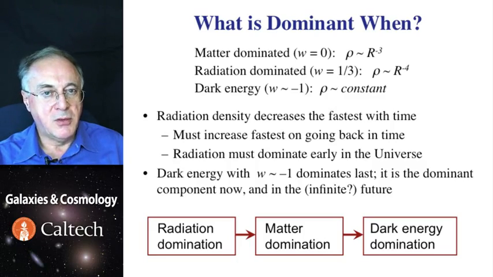Eventually, the density of both matter and energy drops sufficiently to reach the level of the constant energy filling the universe, the cosmological constant, and after that, the cosmological constant must dominate. So generally, it's always true that radiation dominates the early universe no matter what, and the present and the future universe will be dominated by the cosmological constant, or dark energy that behaves in that way.